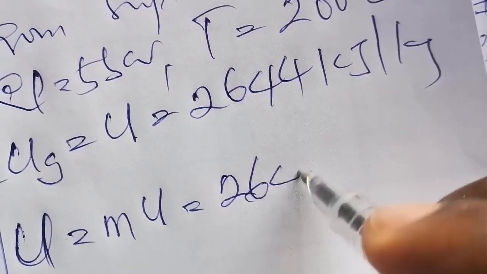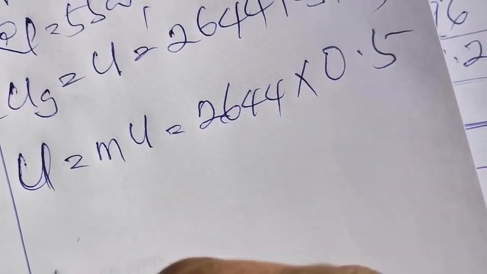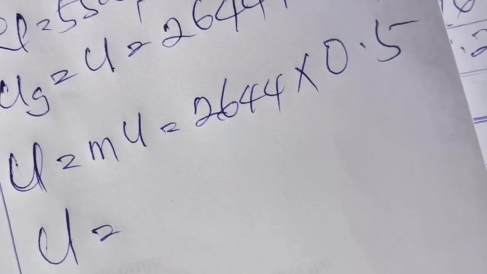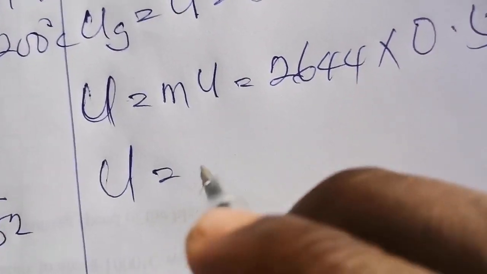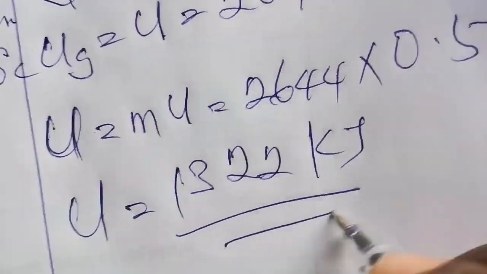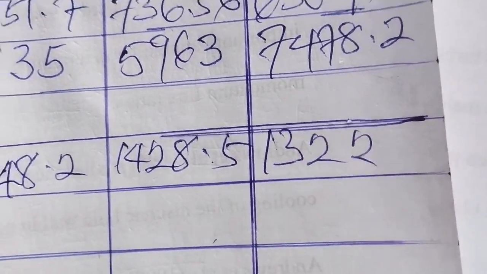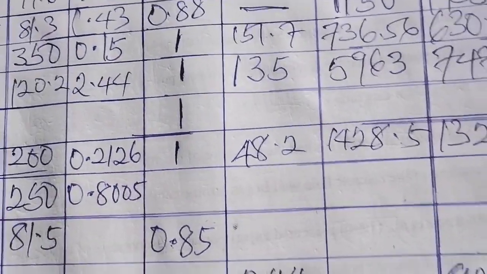So 2644 multiplied by 0.5 gives a total internal energy of 1322 kilojoules.